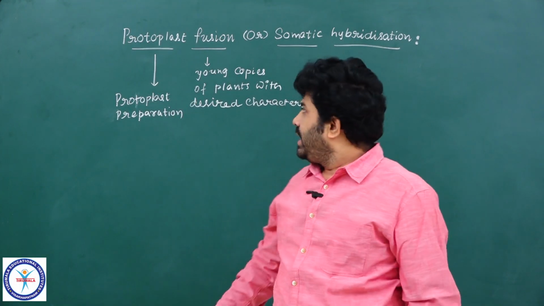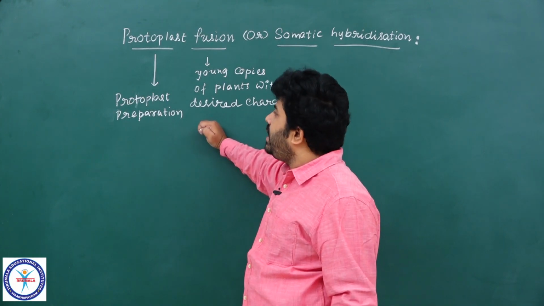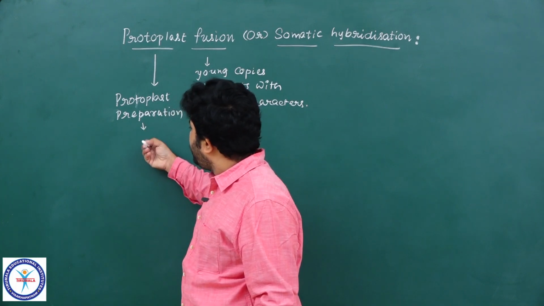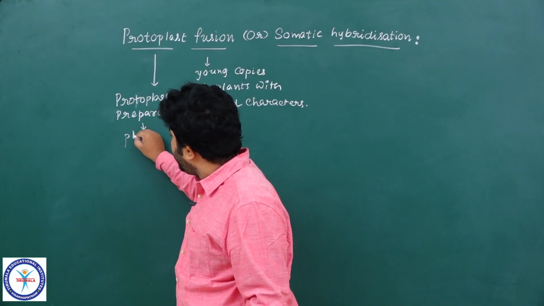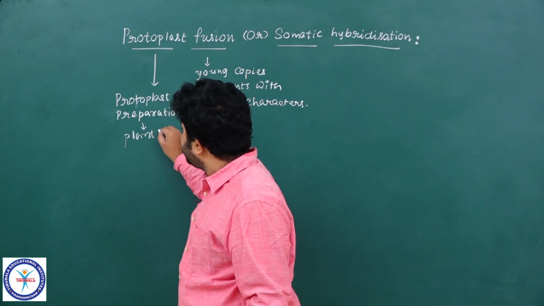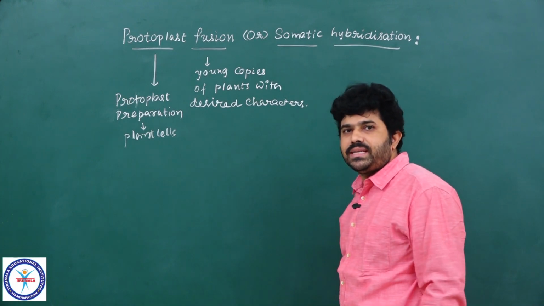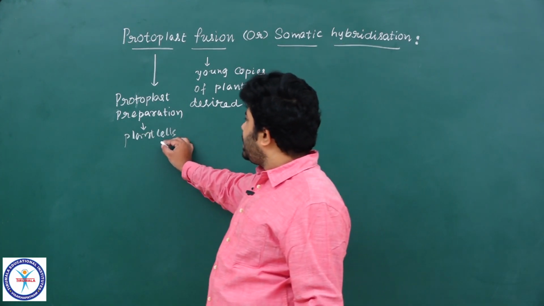It is a process completely related to plants. So to do this process we have to take plant cells, to produce young copies of plants with desirable characters as a hybrid.